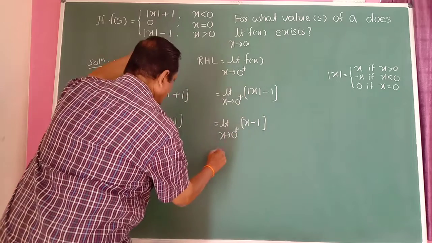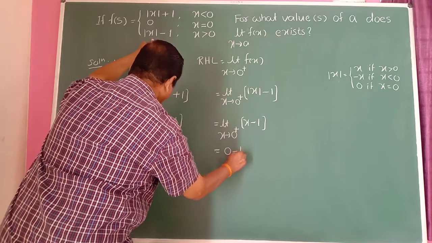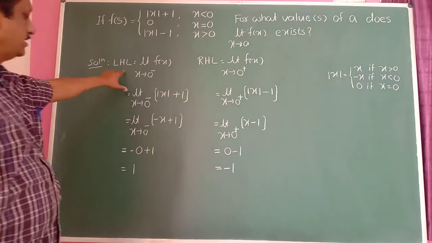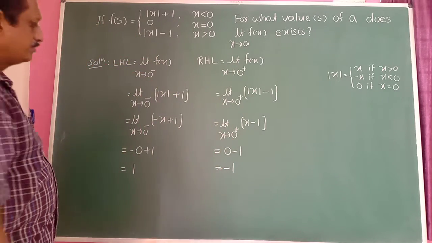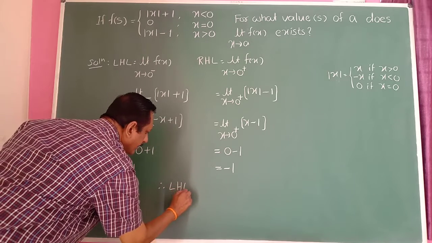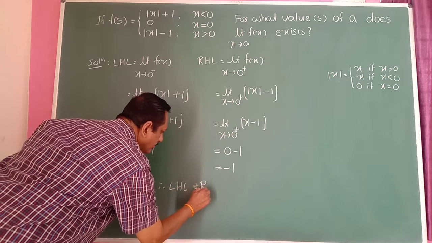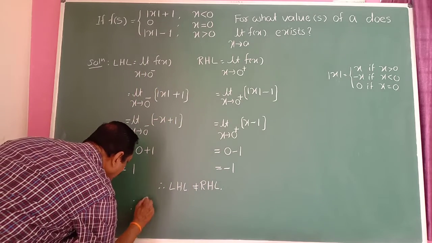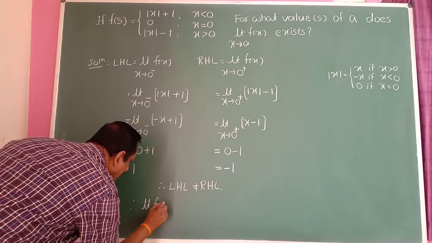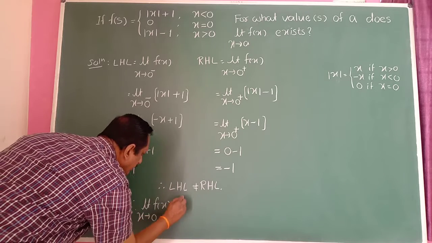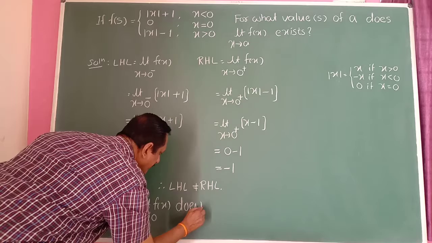Put x value 0: 0 minus 1 is equal to minus 1. So LHL is 1 and RHL is minus 1. Both are not equal. Therefore, LHL is not equal to RHL, and the limit of f of x as x tending to 0 does not exist.